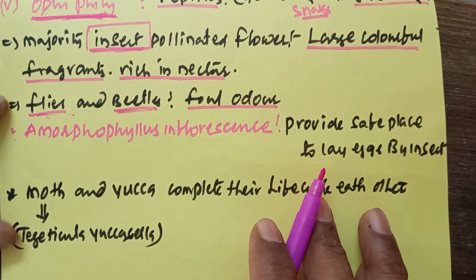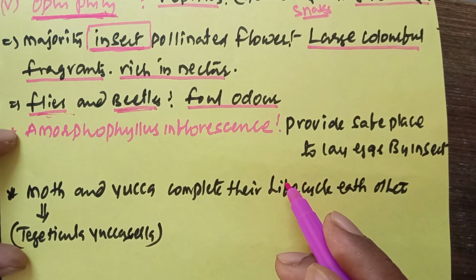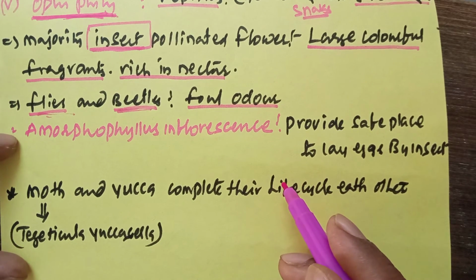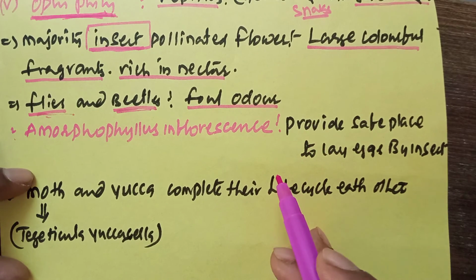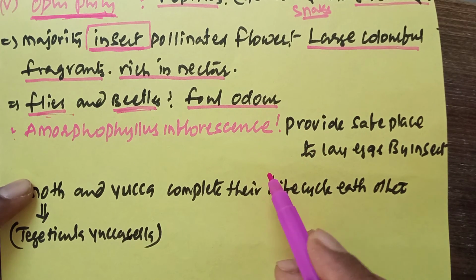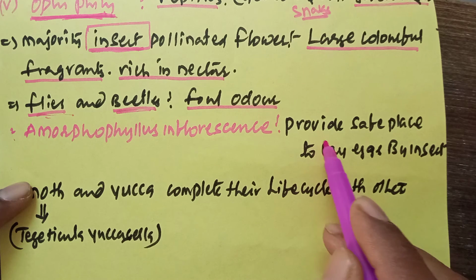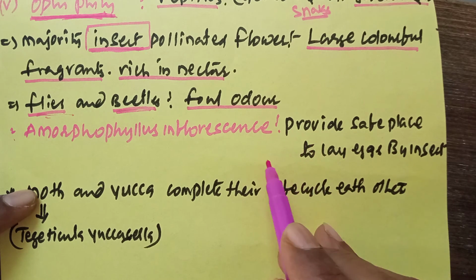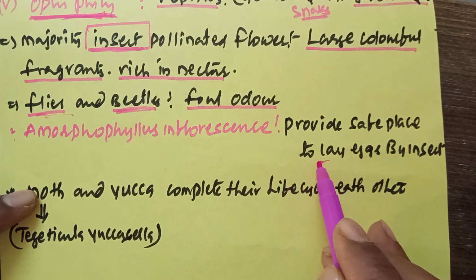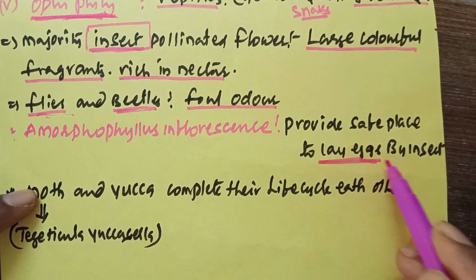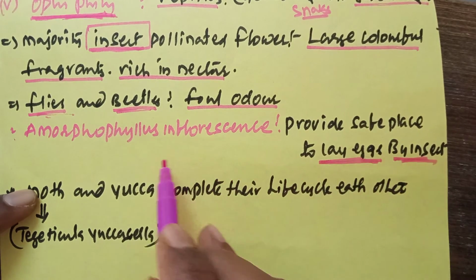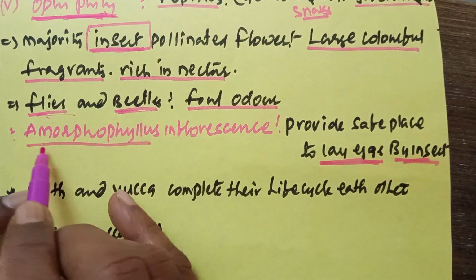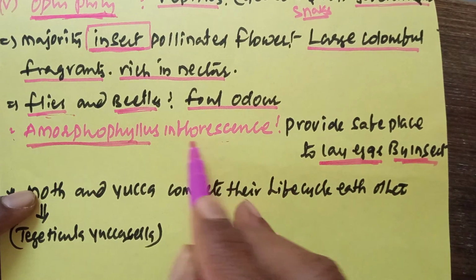So these are the different types of biotic agents involved in the pollination process, and some insects are very important for pollination in different types of flowers. Some flowers provide a safe place for the laying of eggs by insects. Example, Amorphophallus inflorescence.